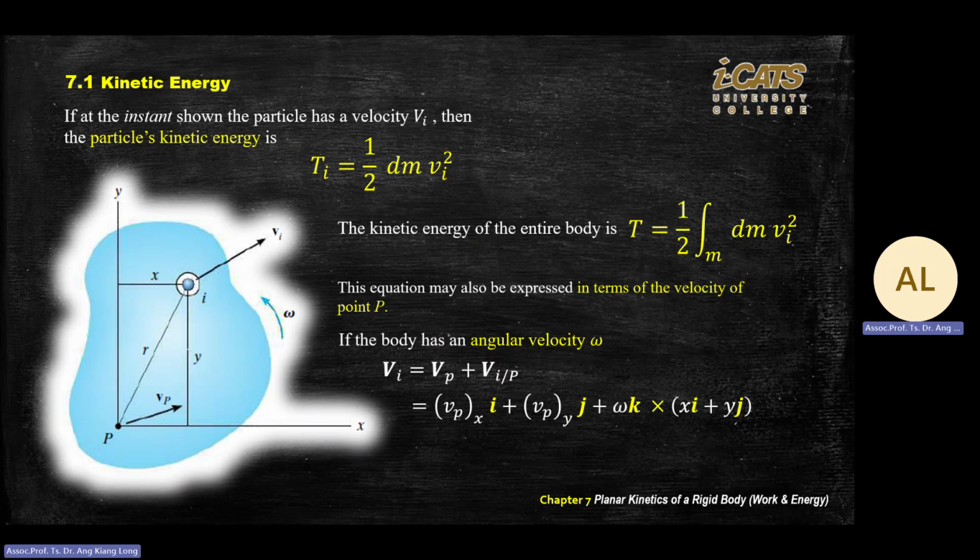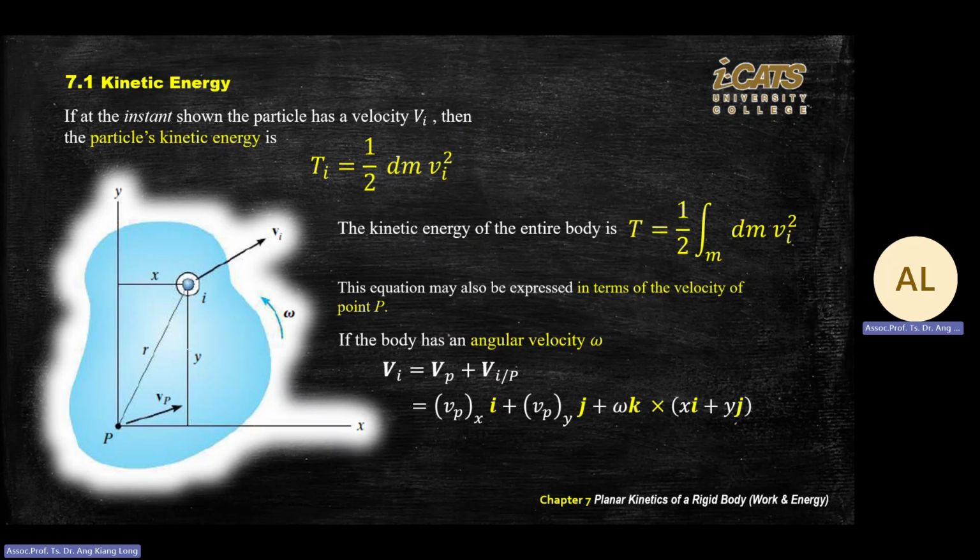Because mass is normally constant, what is changing is the velocity. Referring to this diagram, you have velocity vectors Vp and Vi, and you combine them. Again, it's a relative velocity.